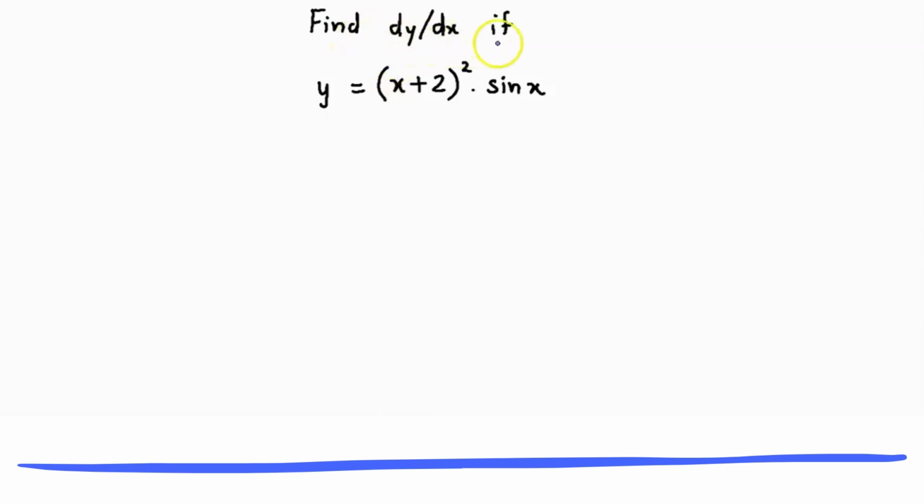Find dy by dx if y is equal to x plus 2 the whole square into sin x. Now here we could apply the product rule to obtain the derivative.